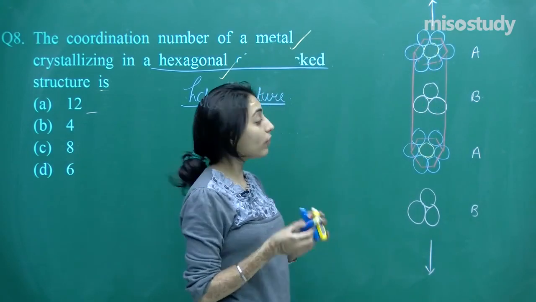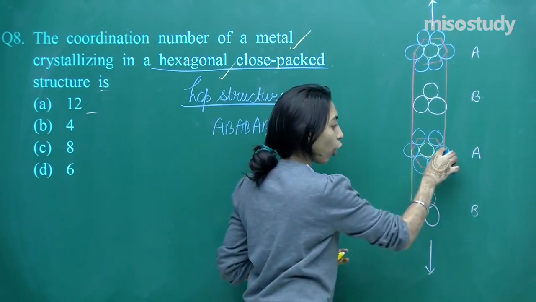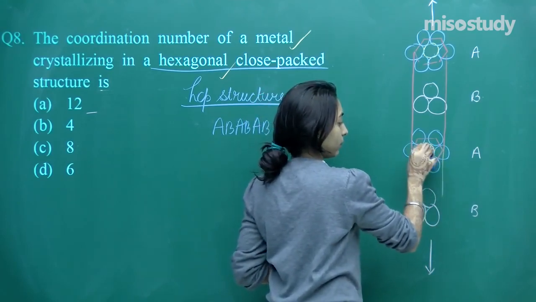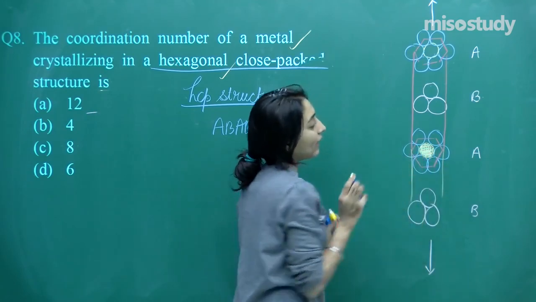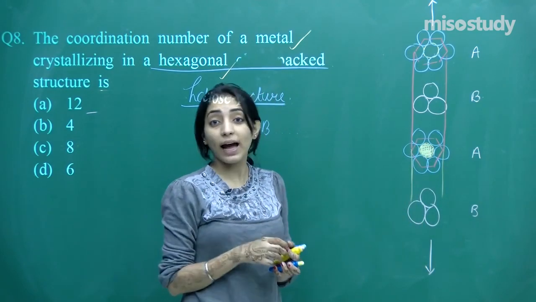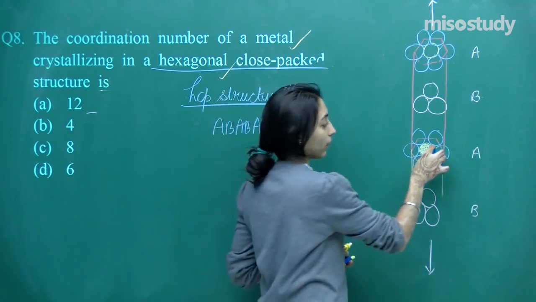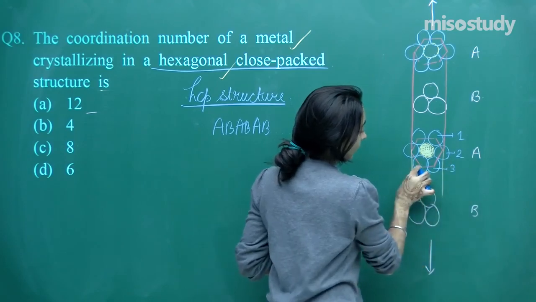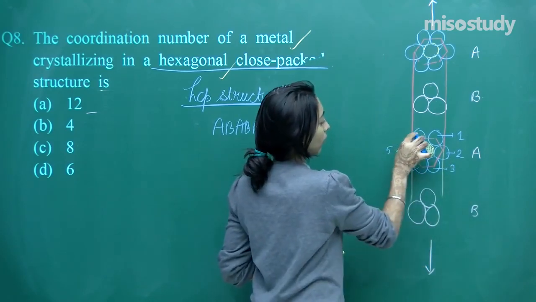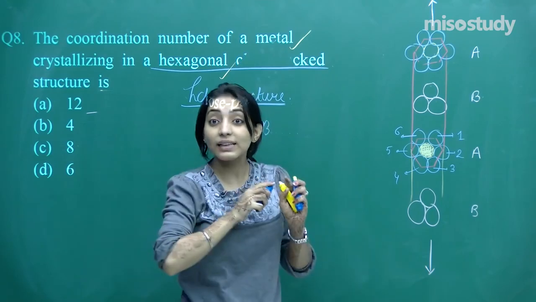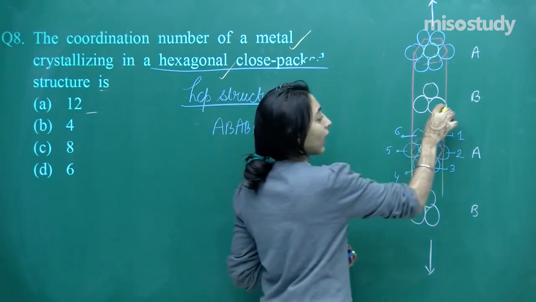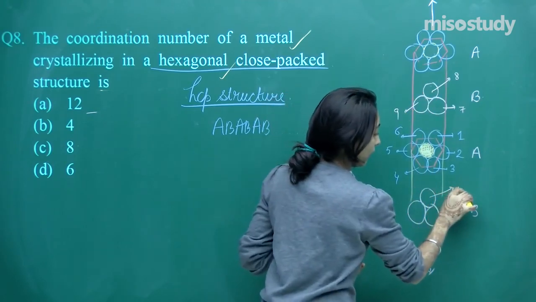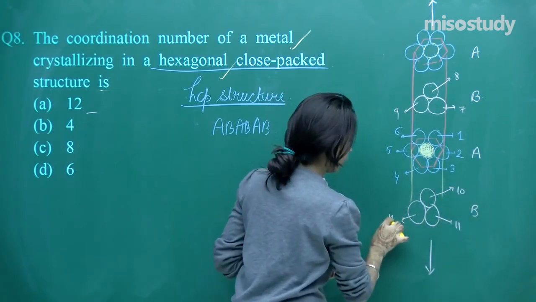Am I right? So we now need to figure out what should be the coordination number. Let us consider the main atom as the yellow atom. So this is my main central atom. Let us see how many atoms are in contact with the yellow atom. So we have 1, 2, 3, 4, 5, 6 atoms in the same plane. Then we have 7th, 8th, 9th, 10th, 11th, 12th.